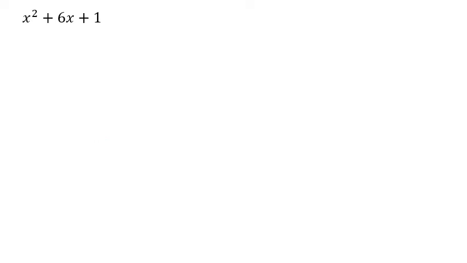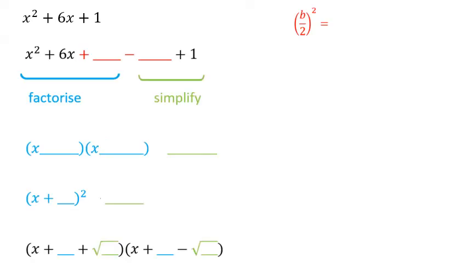Let's do an example using the formula. So the first thing I need to figure out is what half of b squared equals. So this is b. Half of b squared equals 6 divided by 2 is 3 squared, which equals 9. So I add that to the middle of the equation and take it away.